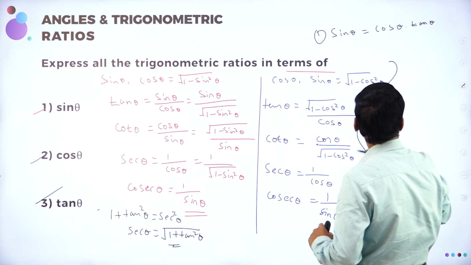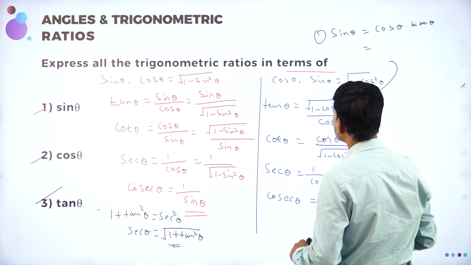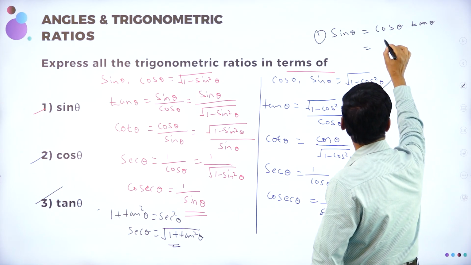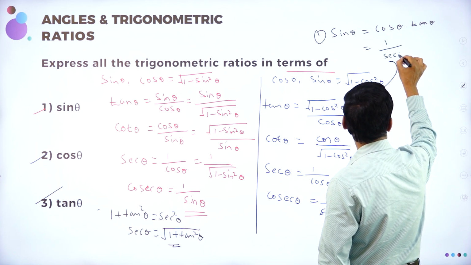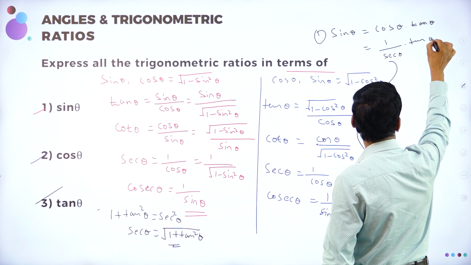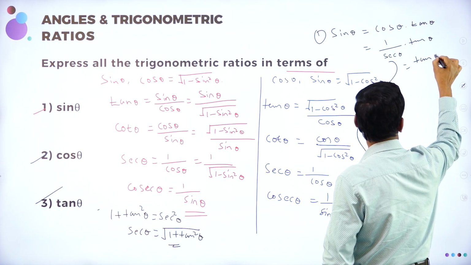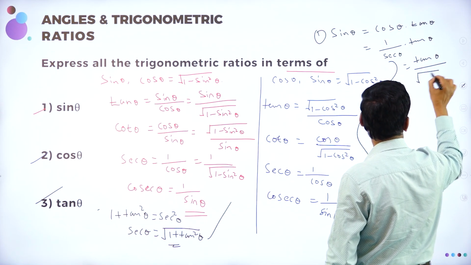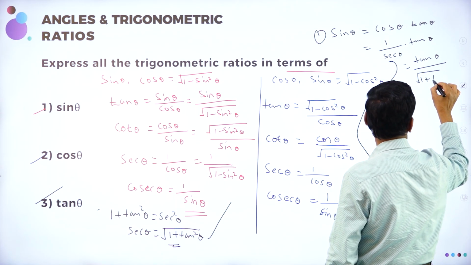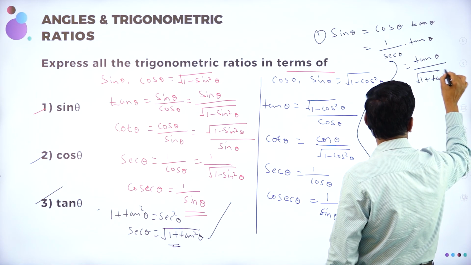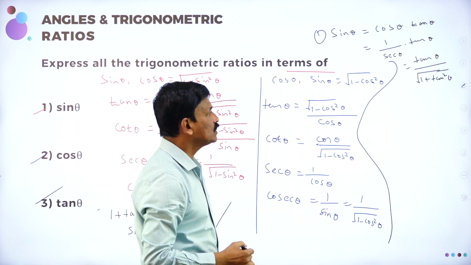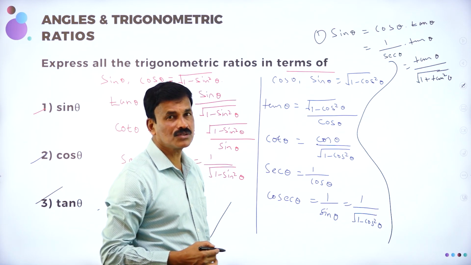Now cos theta is nothing but 1 by secant theta, into tan theta. So this is tan theta divided by secant theta. What is secant theta? Root of 1 plus tan square theta. So, this is the first relation: sin theta is equal to tan theta by root of 1 plus tan square theta.